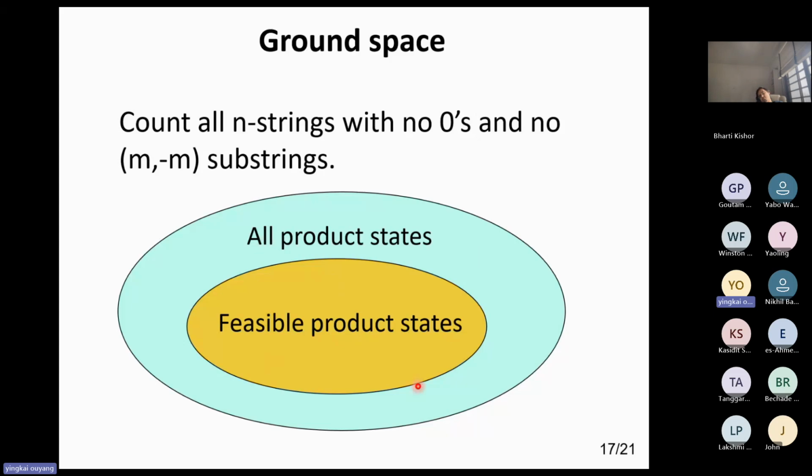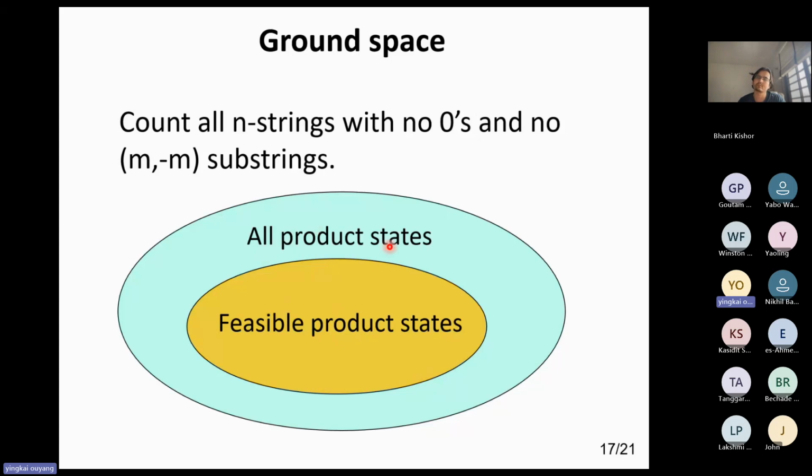Since we have so many product states in the ground space, we can directly use the code construction recipe that we had in the previous part to make codes. Oh, but I almost lied and said you can use all product states.